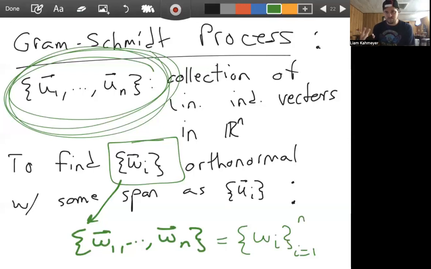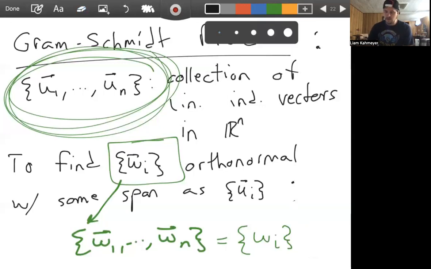This just tells you the range of your index, just like we do for a sum, when you see a summation, i goes from 1 to n, same concept. But it's understood in context, so I've just dropped that part for convenience.